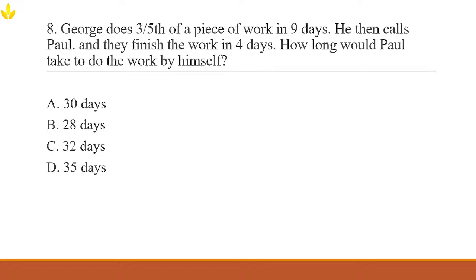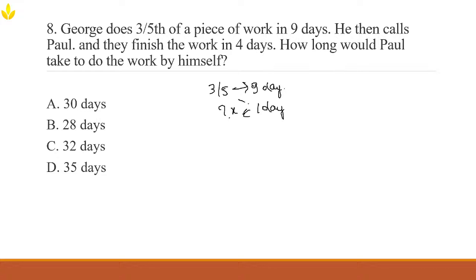George does 3 fifths of a piece of work in 9 days. So 3 by 5 of the work is completed in 9 days. We'll calculate how much of the work is completed by George in 1 day. So it will be the cross multiplication of the numbers.